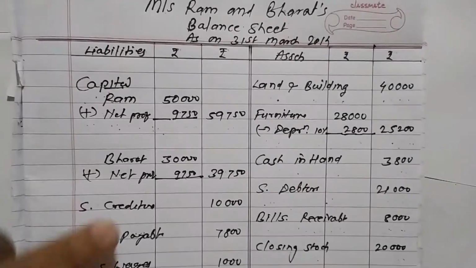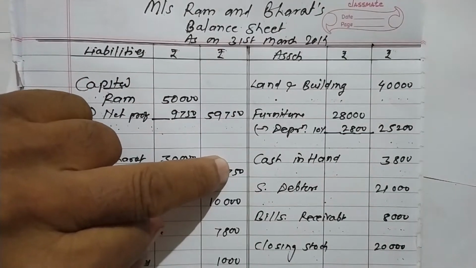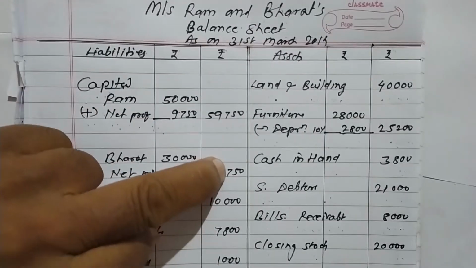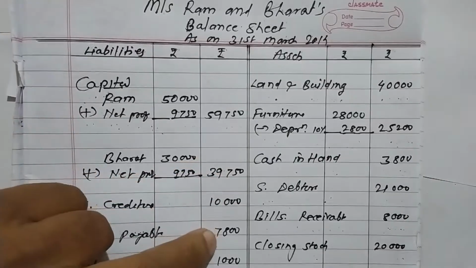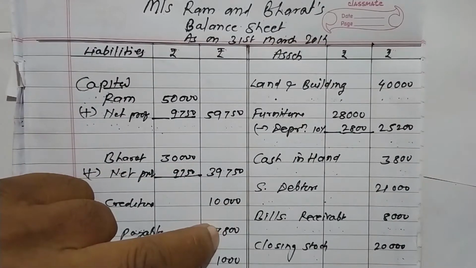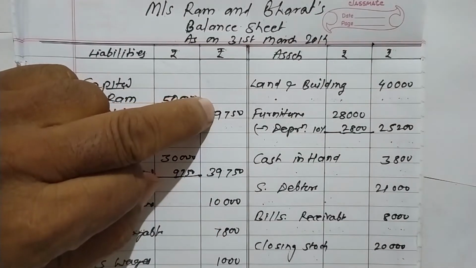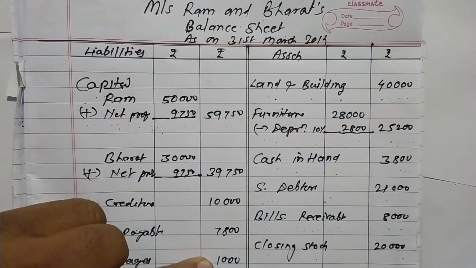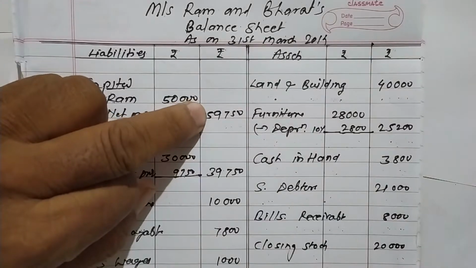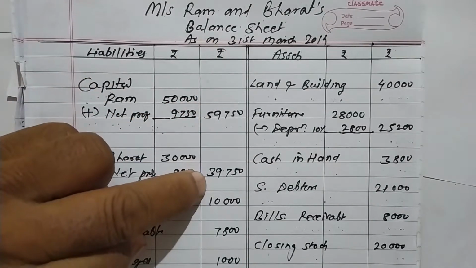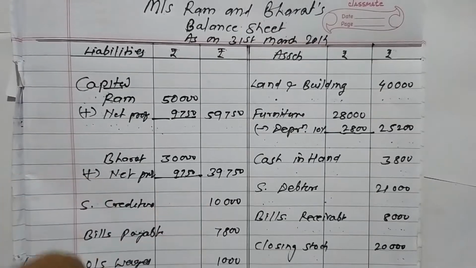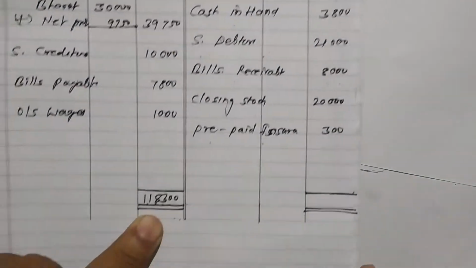Now see, 5 plus 5 is 10, 0 carry 1, 7 plus 1 is 8, 8 plus 7 is 15, 15 plus 8 is 23, 3 and 2 remains, 2 plus 9 is 11, 11 plus 9 is 20, 20 plus 7 is 27, 27 plus 8 is 35, 5 and 2 remains, 2 plus 5 is 7, 7 plus 3 is 10, 10 plus 1 is 11. That is 1,18,300.